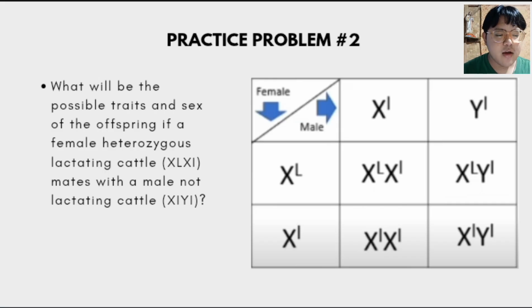So basically, we have 1 female that is lactating, 1 female that is not lactating, and 2 males that are not lactating. So 25% is a female cattle that is lactating, 25% is a female not lactating, and 50% is male not lactating.